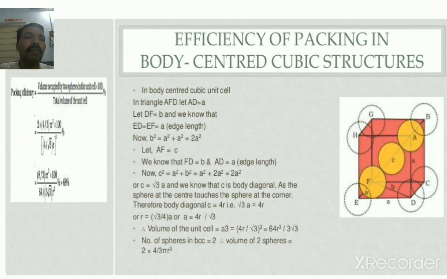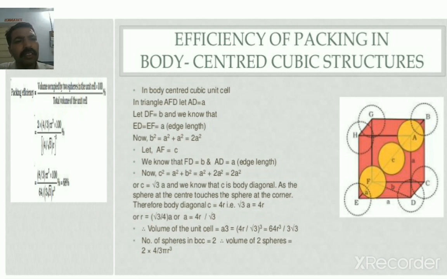And in the same cube, in triangle ADF, AF is the diagonal. AF square is equal to AD square plus DF square.